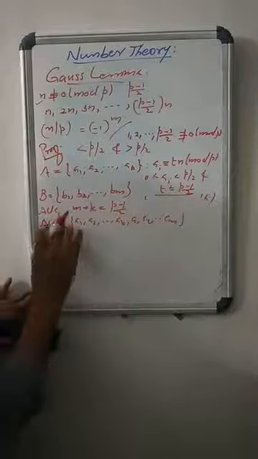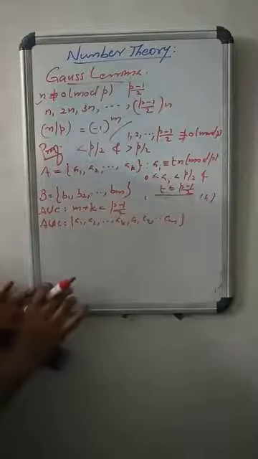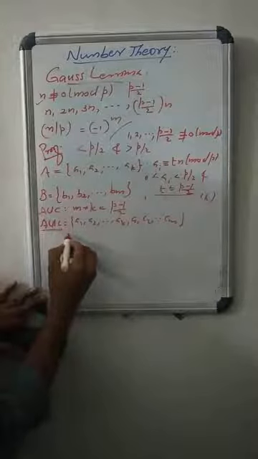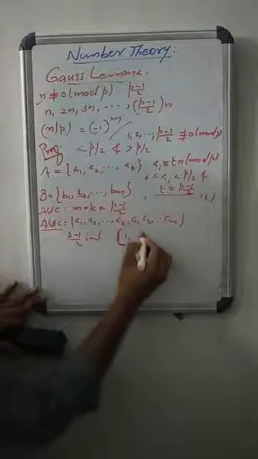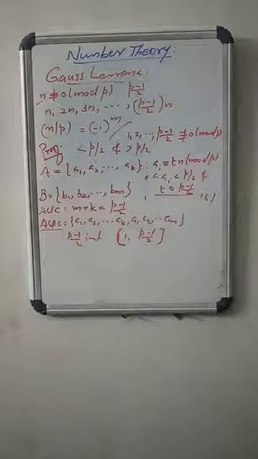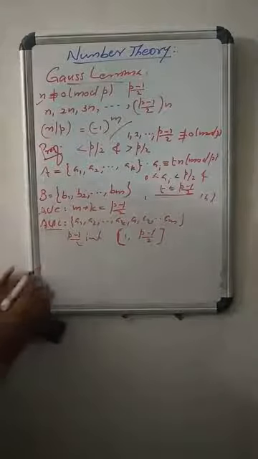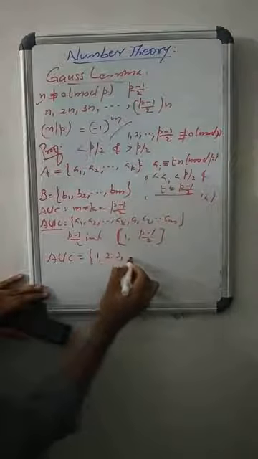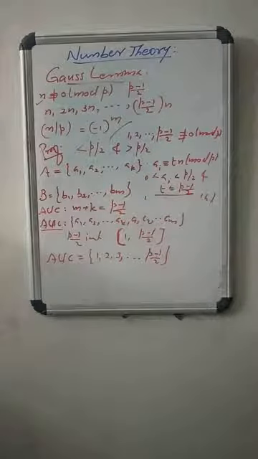So A union C contains P minus 1 by 2 integers. All of these are integers, which lie in the closed interval 1 and P minus 1 by 2. That means A union C equals the set 1, 2, 3, etc. to P minus 1 by 2. Agreed? Okay.